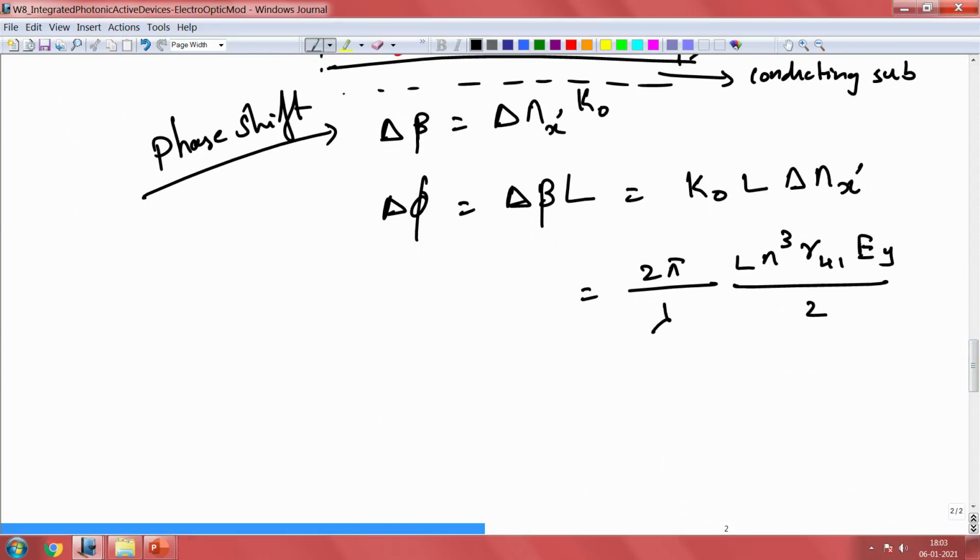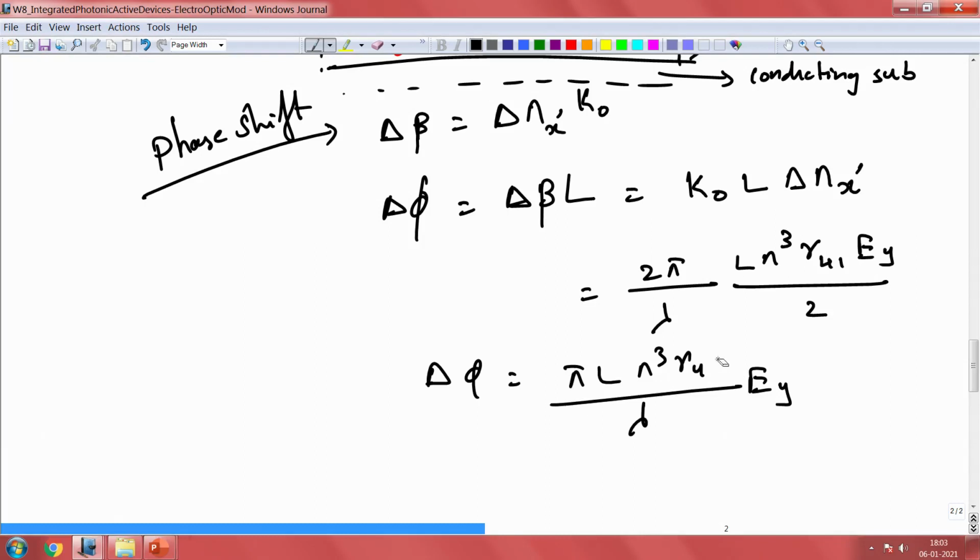Once you have this field here, then we know that this is the phase shift that we are getting. You can try to simplify this. Once you simplify, the 2 will be gone. It is basically pi L n cube r 41 divided by 3 lambda E y.